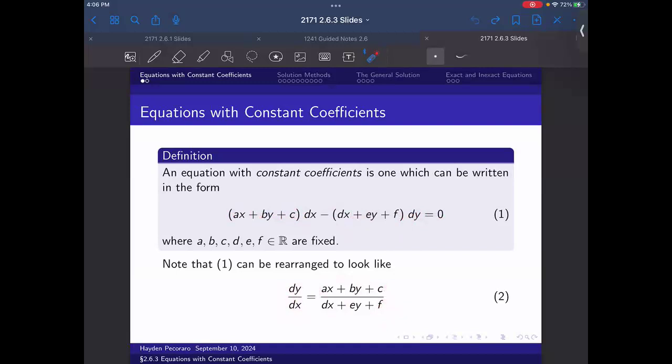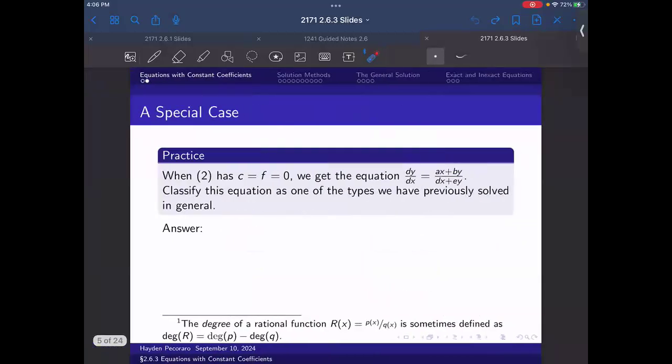So you're not doing any multivariable stuff, and solve for y as a function of x. Okay. And this should look sort of familiar. We've seen things like this before when we started doing substitutions. And here's why. When you set c equal to f equal to 0, we get an equation that looks like this.